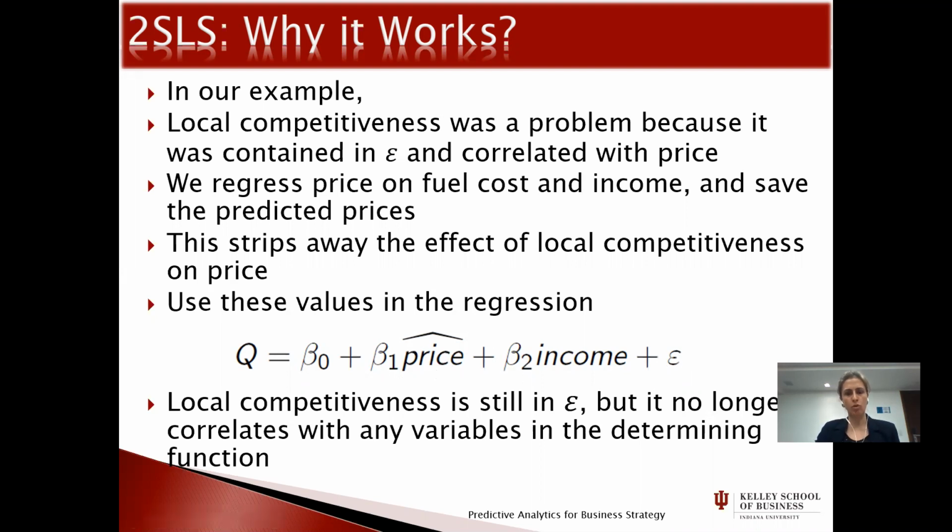So we stripped out that part that was causing problems. That's what an instrumental variable is always going to do. It is always going to be something that shocks your treatment, and through that treatment, it affects your outcome, not directly, but via this indirect mechanism.